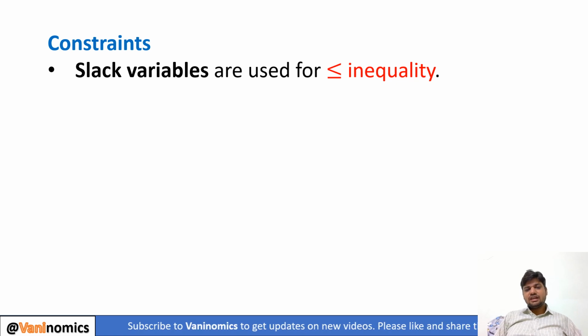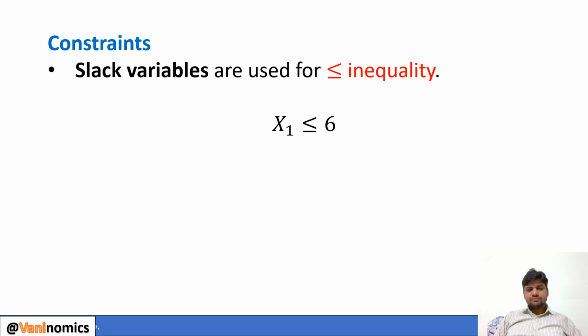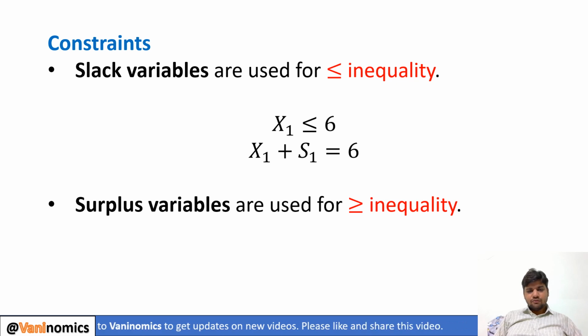Then slack variables are used for less than equal to inequality, x1 less than equal to 6. Then to convert this, we can write x1 plus s1. Here s1 is our slack variable which is added to make this an equality.